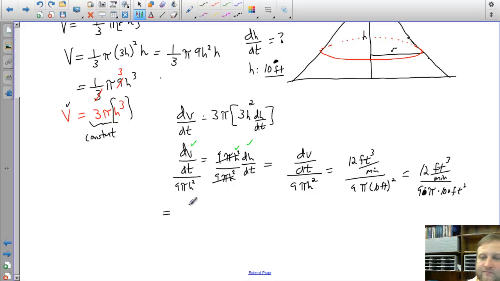Simplifying, we have 12 feet cubed per minute divided by 9 times π times 100, which gives me 900π feet squared. Notice here my feet squared cancel with 2 of the feet cubed.